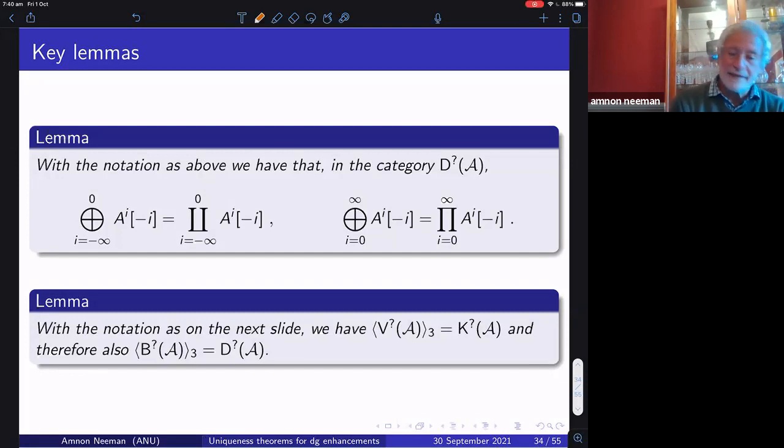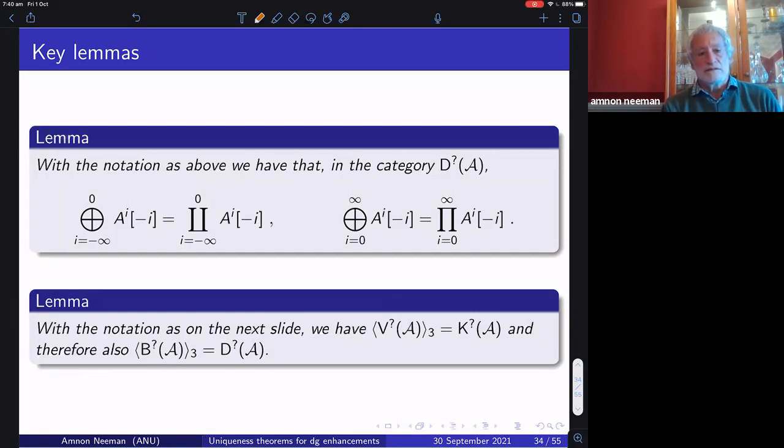So this is a lemma which needs proof. But the key lemma, and the lemma which actually somehow the whole proof hinges on, is that K of A is generated by the category V of A in 3 steps.